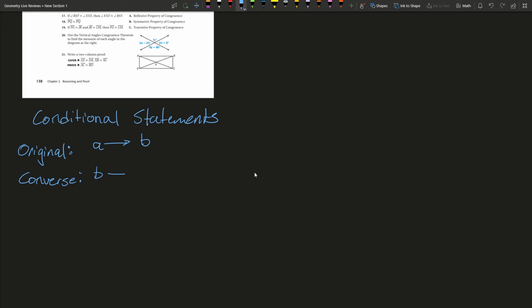So if B, then A. Our inverse is if not A, then not B. And our contrapositive is the inverse of the converse. So if not B, then not A.